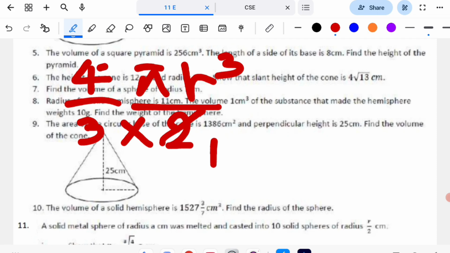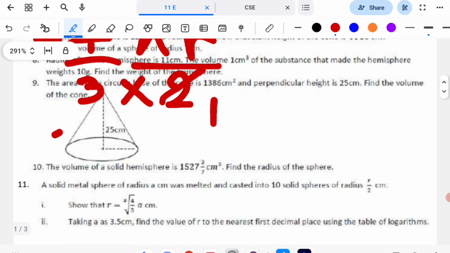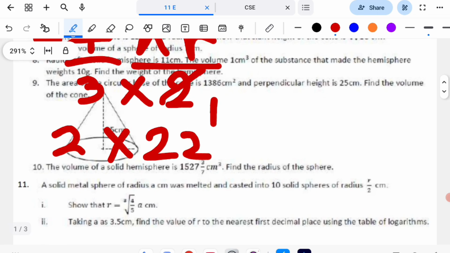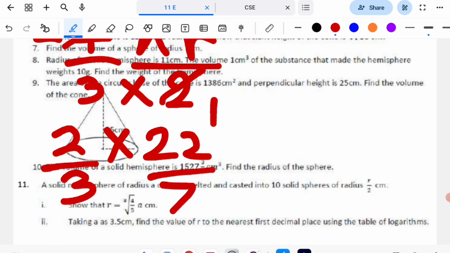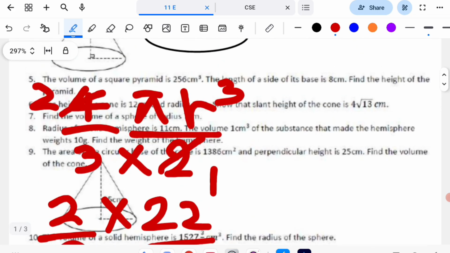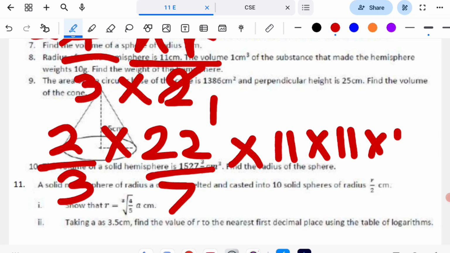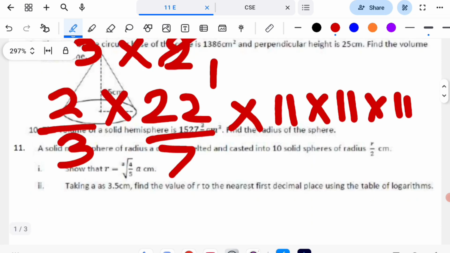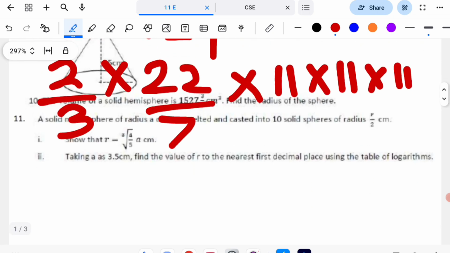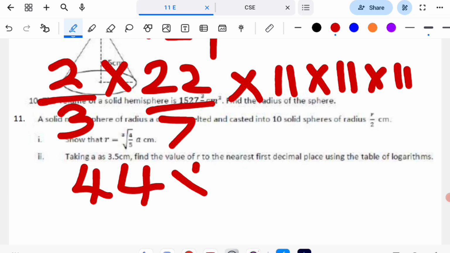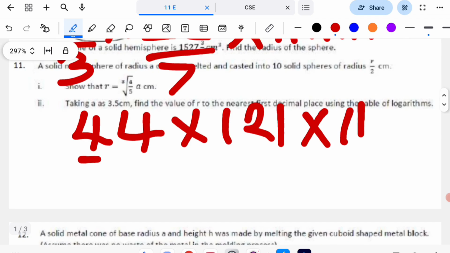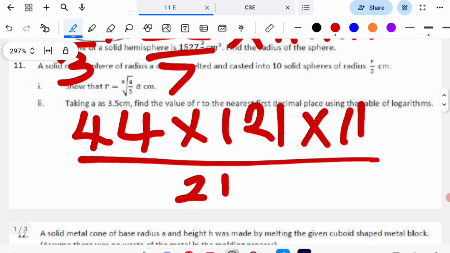Divide by 2, 1. 4 divided by 2, 2. 2 multiplied by the pi value 22 over 7. There is a denominator 3. The radius of the given hemisphere is 11 centimeters. Then 11 into 11 into 11. Now I will simplify it and I will get the decimal form. 2 into 22, 44. 44 into 11 into 11, 121 into 11. Divide by 7 into 3, 21.